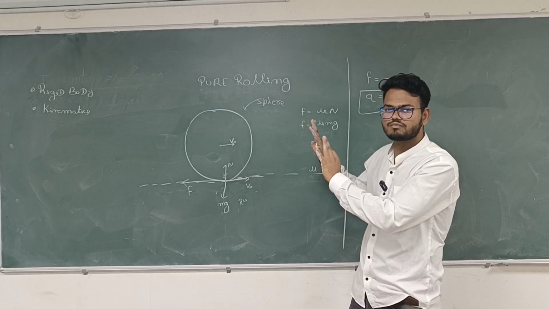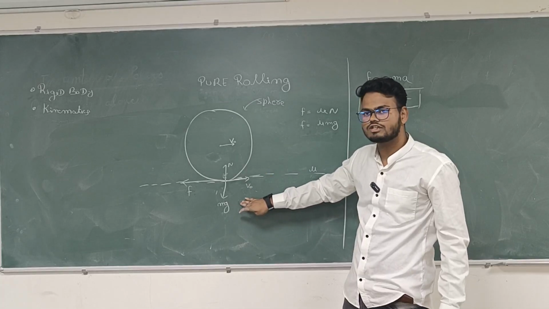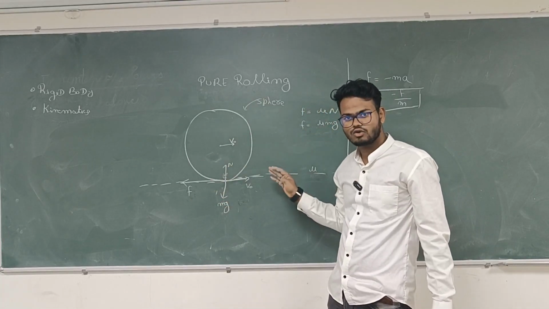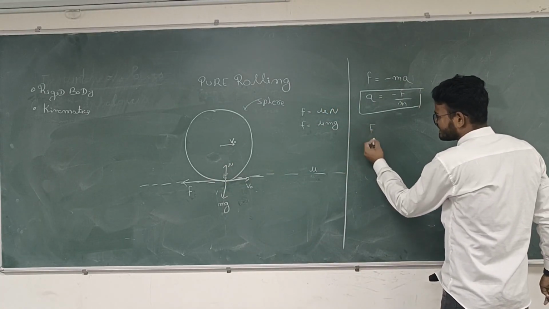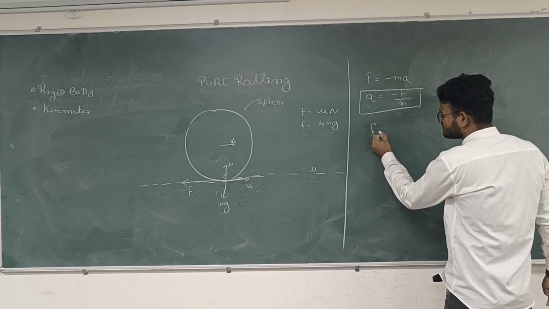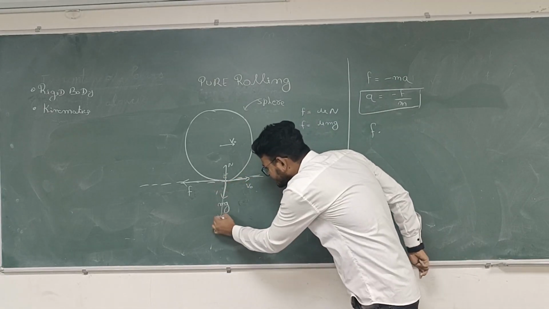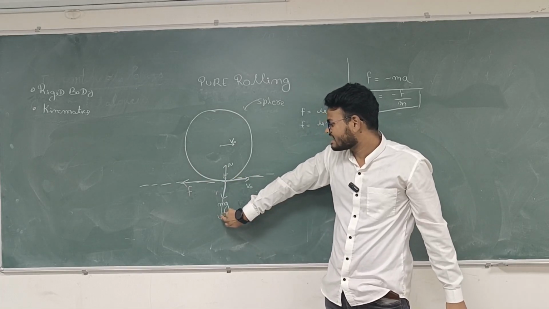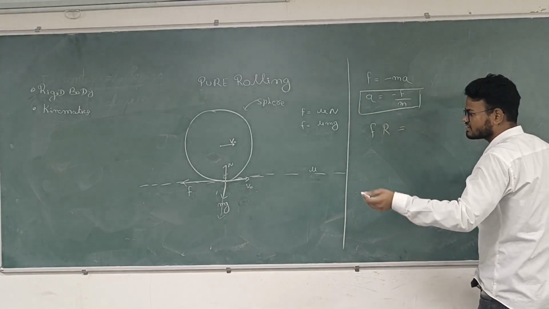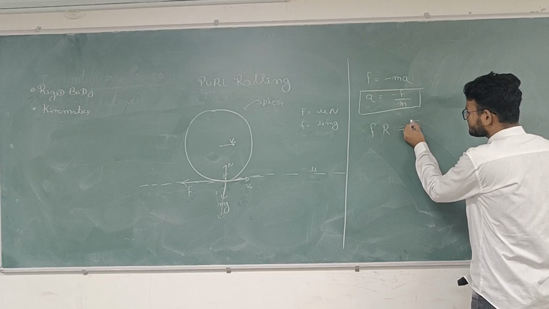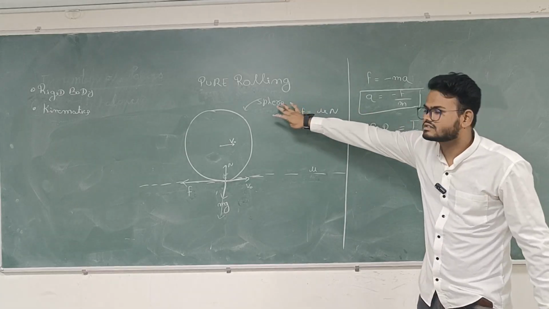See here, initially there is no angular velocity, and after some time there is some angular velocity omega, because this friction force provided a torque. So let's write down the equation for torque. Friction force F, and torque equals R cross F, and here R and F are perpendicular, so we can write directly F r equals I alpha, where I is the moment of inertia of this sphere.